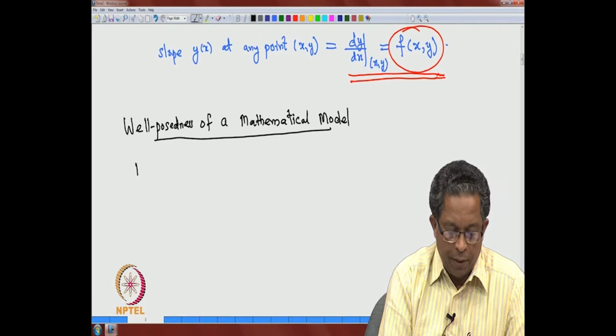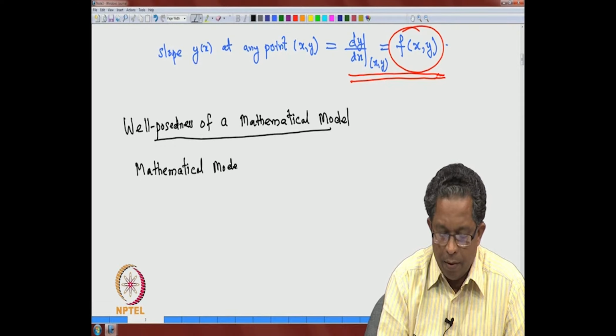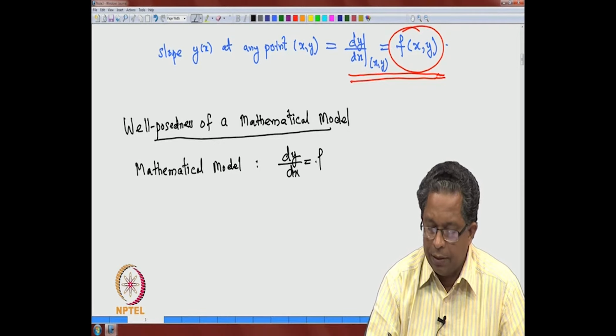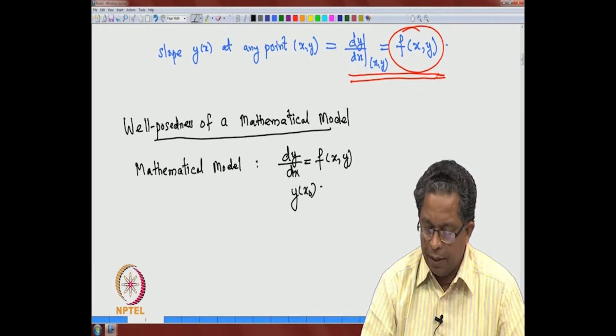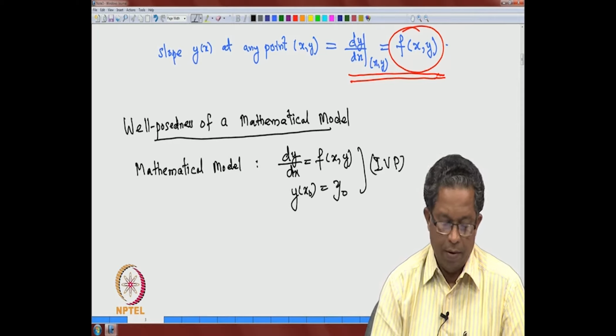The mathematical model is given by the initial value problem: the differential equation dy/dx = f(x, y) with initial condition y(x0) = y0.